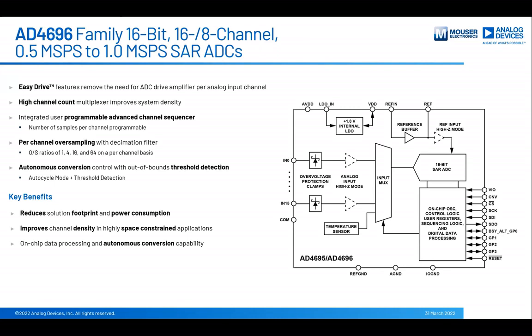Autonomous operation with auto cycle mode and threshold detect reduces digital overhead, thus further improving power saving. So this device is certainly one to keep an eye on, and there's a family of devices available in this space.